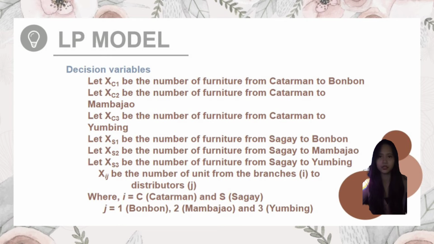Xij is the number of units from branch i to distributor j, where i equals C (Katarman) and S (Sagay), and j equals 1 (Bunbon), 2 (Mambahaw), and 3 (Yumbing).